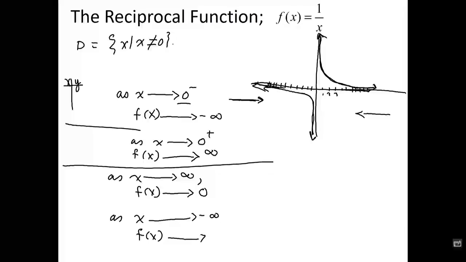So in other words, f of x is approaching 0. So we conclude then that as x approaches infinity, or as x approaches negative infinity, the function values f of x are approaching 0.